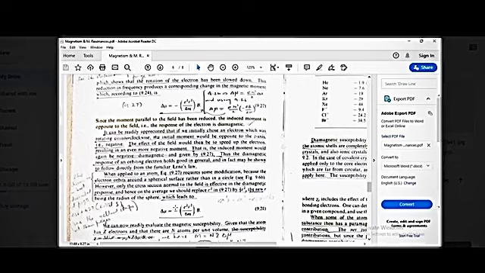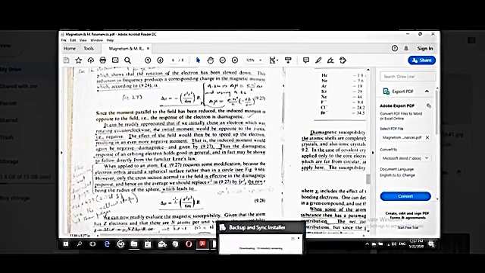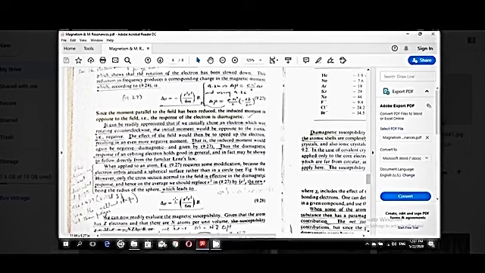Here r is the radius of the sphere, and this leads to our modified equation: delta mu is equal to minus e square r square over 6m times the magnetic field, given that the atom has Z electrons and that there are n atoms per unit volume.